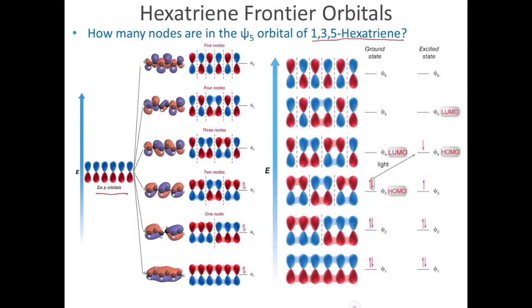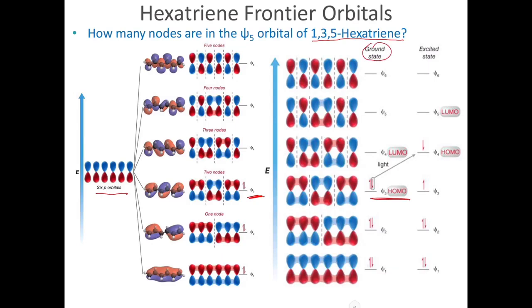Obviously for 6 electrons, because each of the orbitals is going to have 2 electrons, psi 3 is going to be the HOMO. Okay, so if we use our shorthand, psi 3 is going to be here, the HOMO with 2 electrons at ground state.